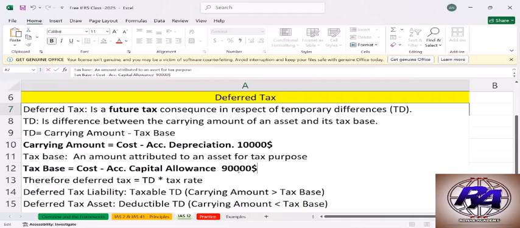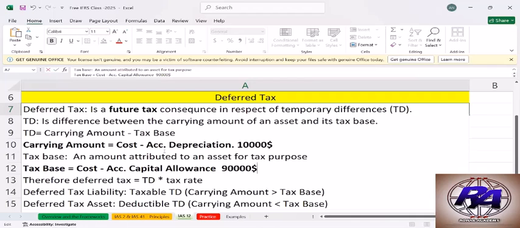Always you have to compare the carried amount with the tax base. The comparison tells you whether it's a deferred tax liability or deferred tax asset. But it doesn't go there directly. You have to look at your temporary difference, because we said our deferred tax is the temporary difference multiplied by our tax rate.